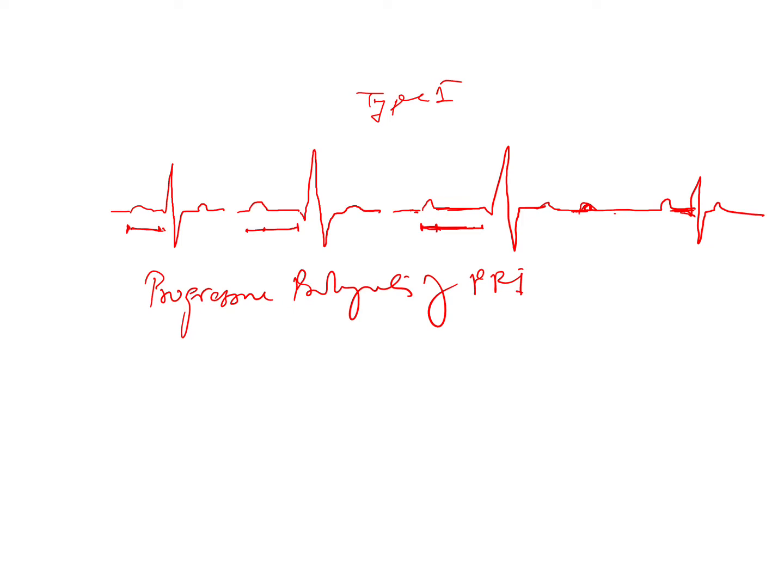The P wave is not conducted, meaning impulses don't pass through the AV node and we don't get the ventricular activity, that is the QRS complex. Then after that, again a new PQRS complex forms. Then further prolongation of the PR interval, then again an absent QRS complex. So this is called type 1.